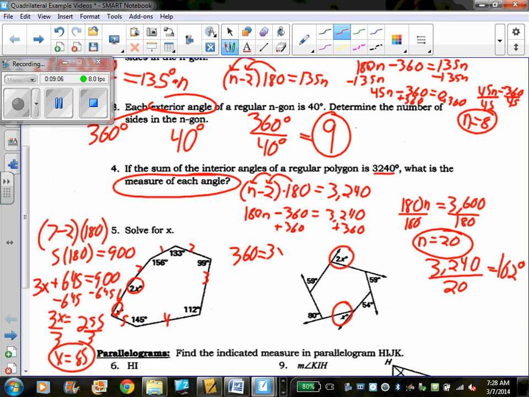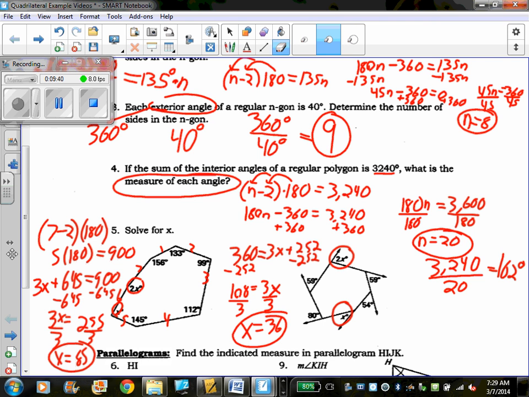Those will combine to 3x plus, and now kind of like the last one we did, we're going to add up the other parts. So we have 59 plus 59 plus 54 plus 80. That gives us 252. We'll subtract that from both sides. And that gives us 108 equals 3x. Divide by 3. And we get x equals 36.